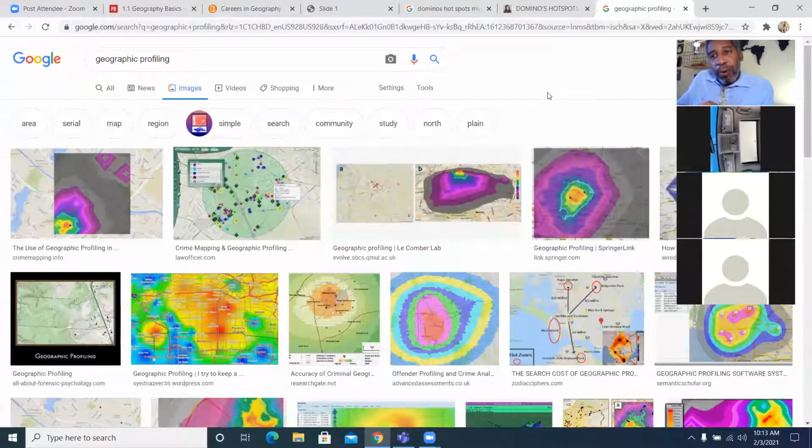But with geographic profiling, what geographers do is they use geographic information systems in order to map the behavior of specific individuals. So in other words, you're using a geographic profile of the mind of a certain type of individual. And this is used a lot in crime mapping.